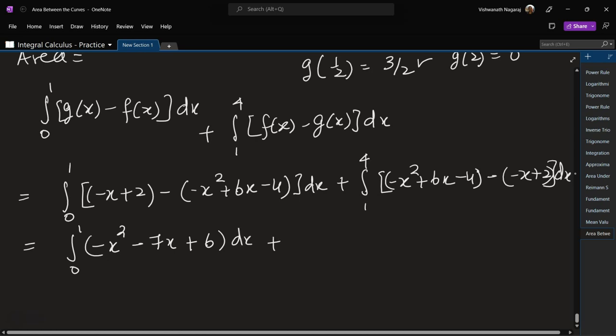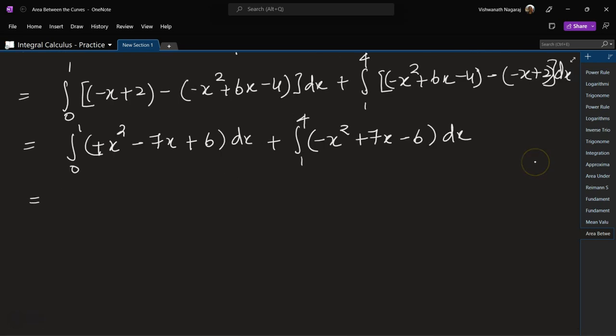Plus integral from 1 to 4, here again we will have minus x square. Here it will be plus x square, minus times minus, minus times plus, and this would be minus x square plus 6x plus x, so plus 7x and then minus 6 dx.